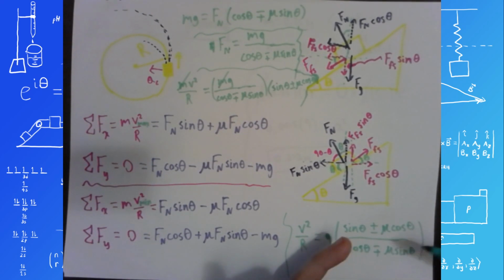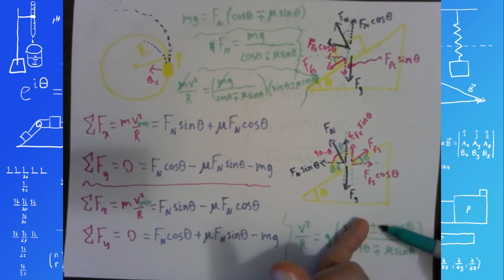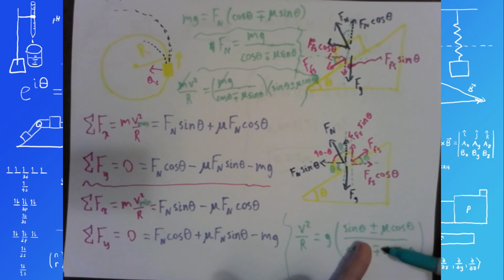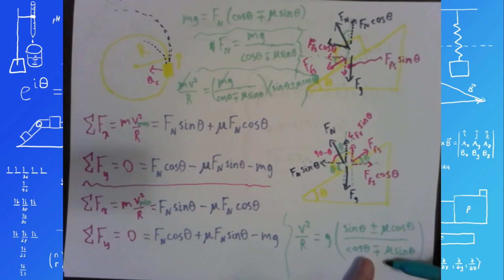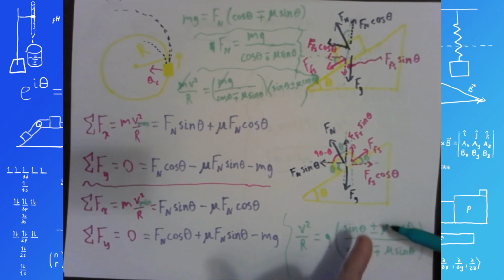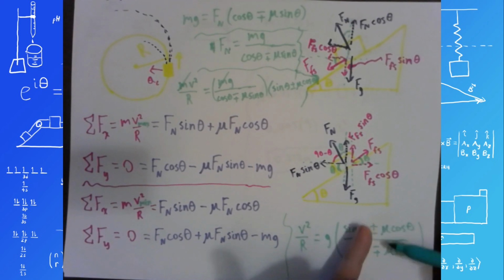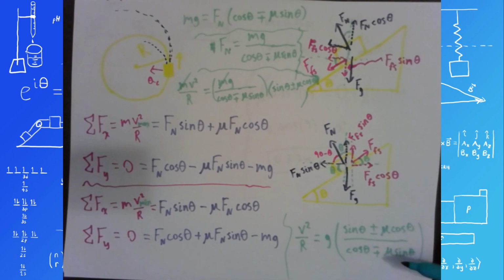So the idea is, if you choose the plus in the numerator, you have to choose the minus in the denominator. If you choose the minus in the numerator, you have to choose the plus in the denominator. So if you choose the top one here, you choose the top one here. If you choose the bottom one here, you choose the bottom one here. That's basically the distinction between plus or minus versus minus or plus. It helps with cases like this so that we don't have to write two equations.